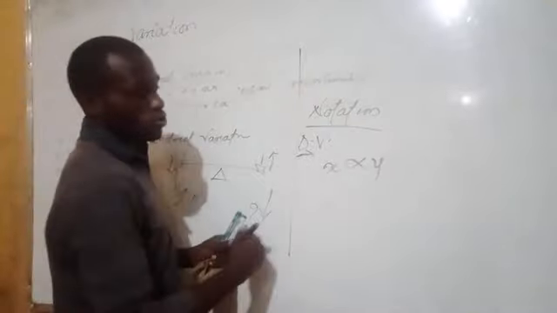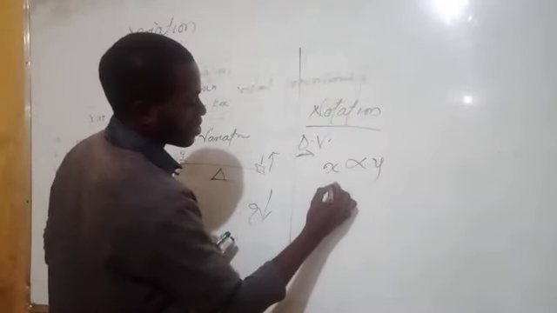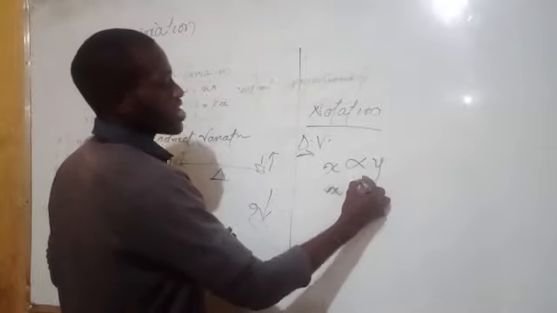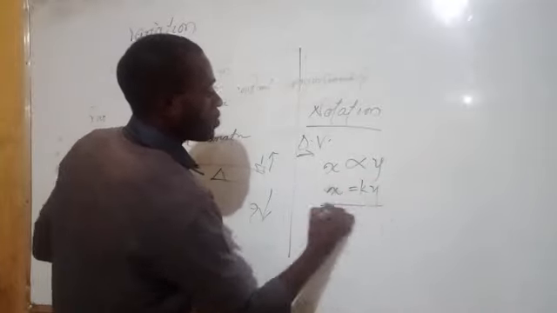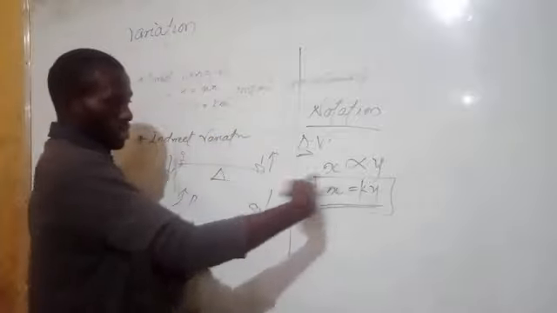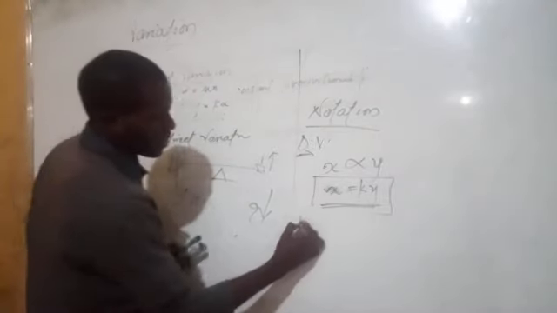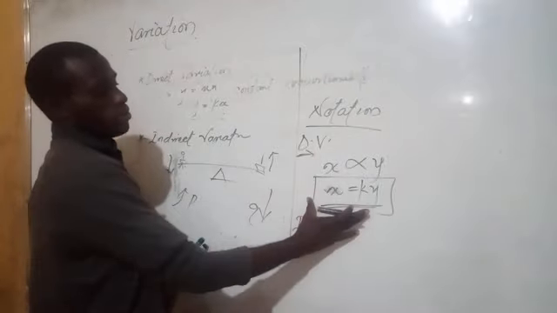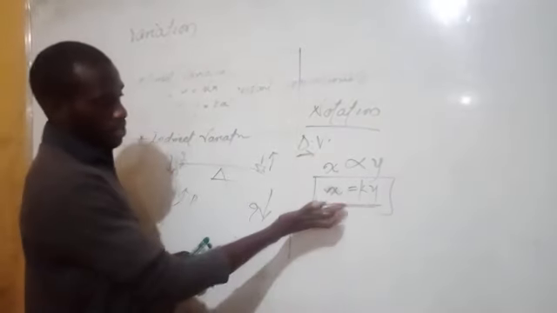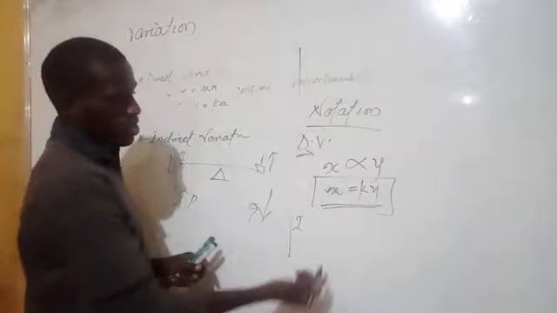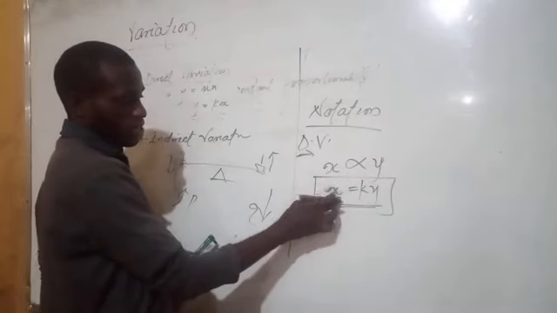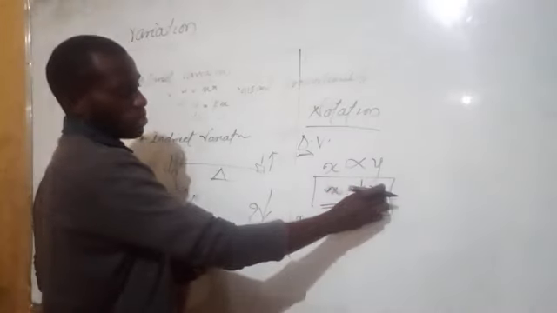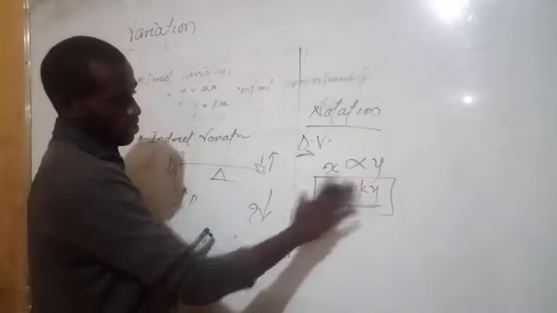Now you change it into mathematical notation: x equal to k y. When you introduce equal to, you bring in your constant, which is the actual factor that makes the relationship possible. This is the simple way to write the direct variation. This is called the equation. Because x is on this side, it is the dependent variable, and y is the independent variable in this equation.